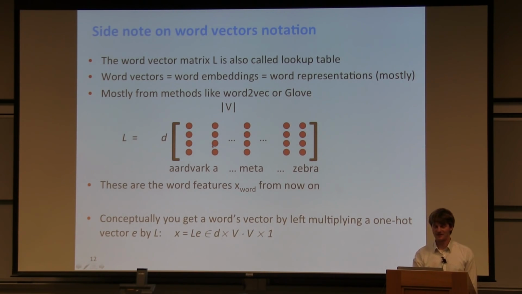You have a D by V large lookup table or embedding matrix times this V by 1 vector, and you get back a D by 1 vector, and that's exactly the word vector at the second location of that index. And of course, you're never actually going to want to multiply this very sparse vector with this very large dense matrix. But intuitively, if you try to think of the derivatives and you work through the problem set, you can think of it that way.